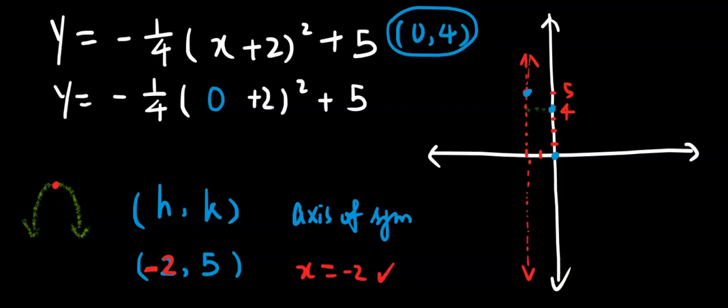Which means you can walk 2 units here. And your little person is walking on the graph. And you will also land at 4. So this is negative 2, negative 3, negative 4. So which means your other point is negative 4, 4.